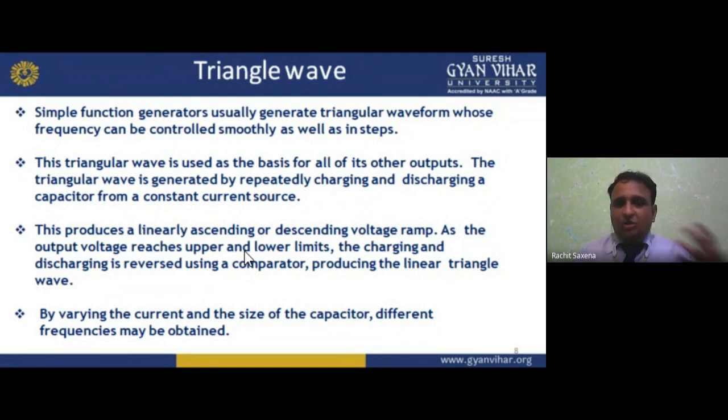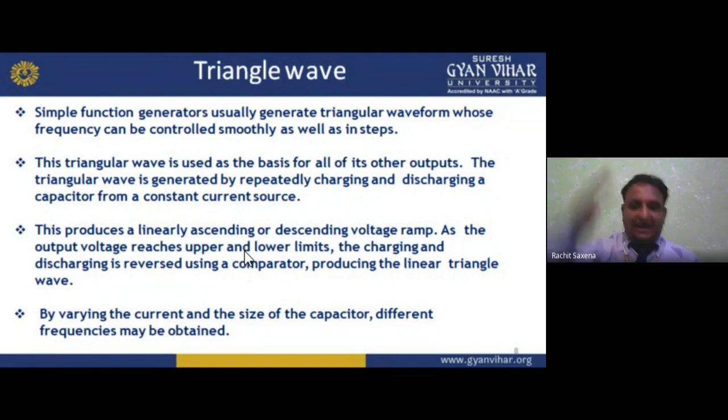Now, a triangular wave we can easily generate by a small function generator, in a smooth way or step by step. We repeatedly charge and discharge a capacitor from a constant current source, and this produces linear ascending or descending voltage ramps as the output voltage reaches upper and lower limits.